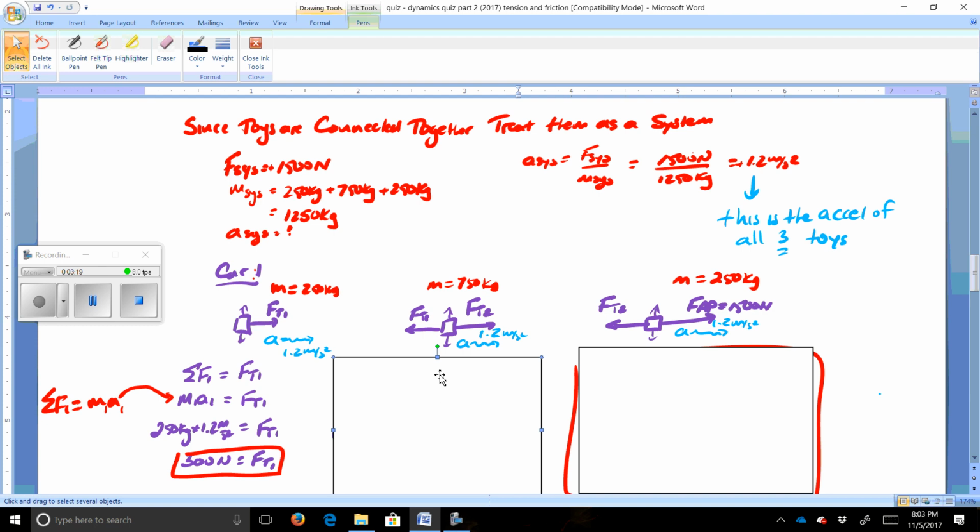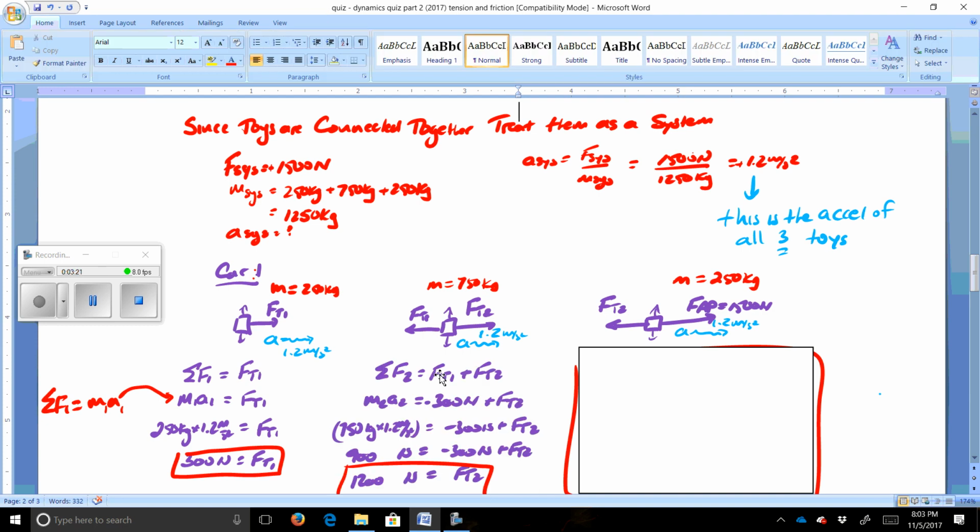Now the second object, I'm going to keep track of the sum of the forces. The sum of the forces here equals tension force 1 plus tension force 2. What do we know? I know Ft1, 300, but it's backwards, so put a negative in front of there. I also know the mass of this object, 750, and I know its acceleration, 1.2.